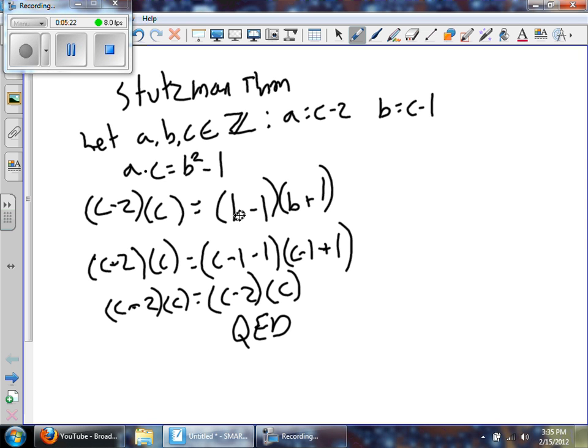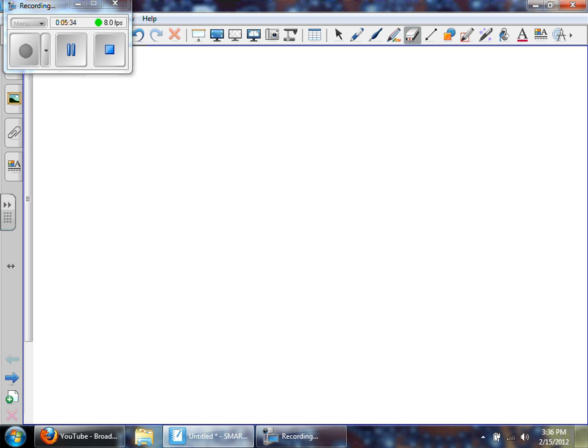Now, from here I thought, okay, this is interesting, but does it work for decimals? If we have something like 2.4 and 2.6, would something like this work? Well, clearly it wouldn't work because they're not whole numbers. So I thought of a couple other examples. We started with 7 times 9 equals 8 squared minus 1.